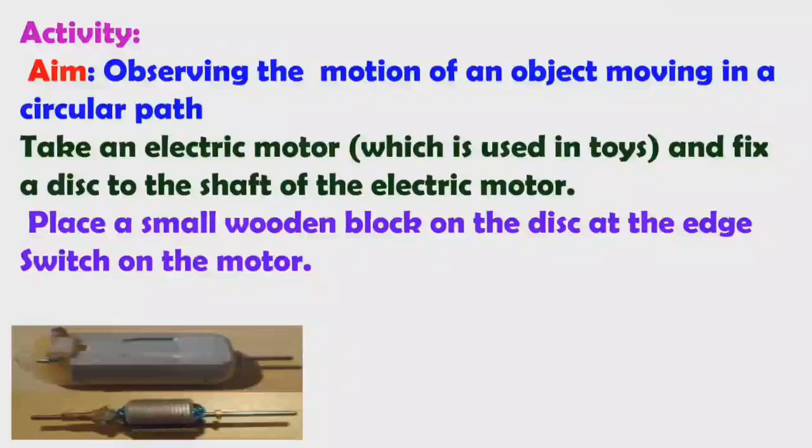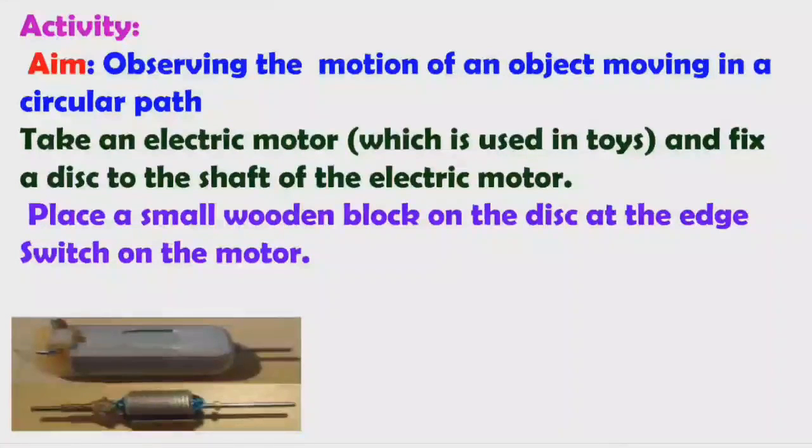Now switch on the motor. By using batteries, connect the circuit and switch on the motor. When you switch on the motor, you will observe that the disc will rotate. As the disc is rotating, the wooden block also rotates along with the disc.